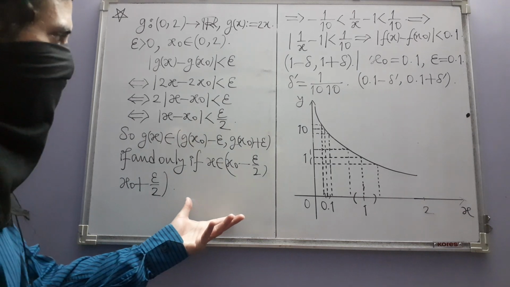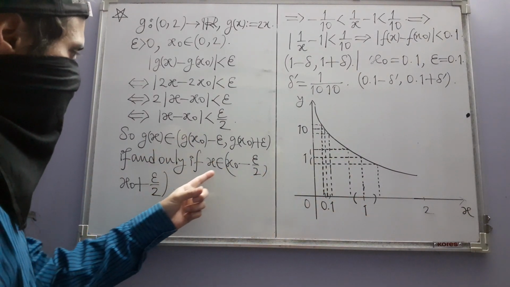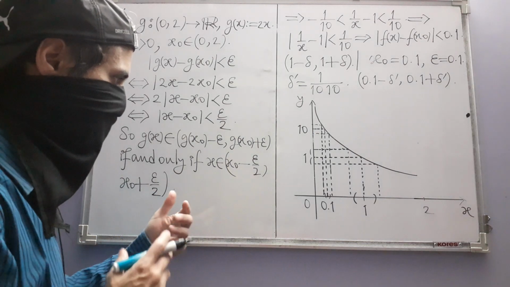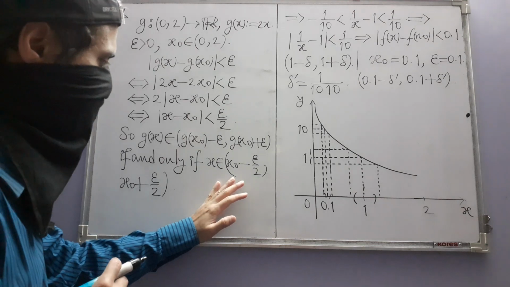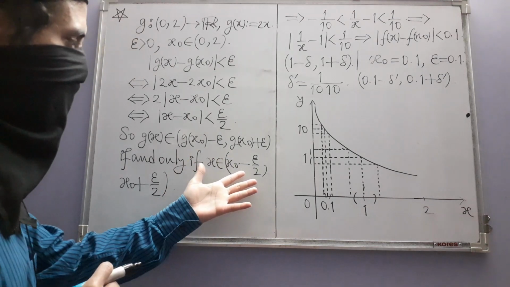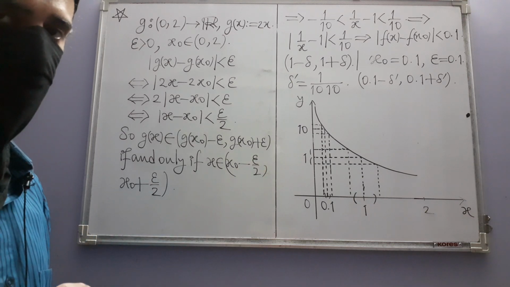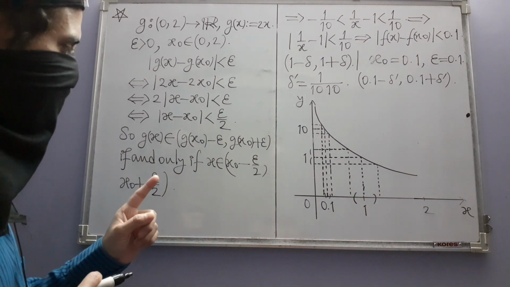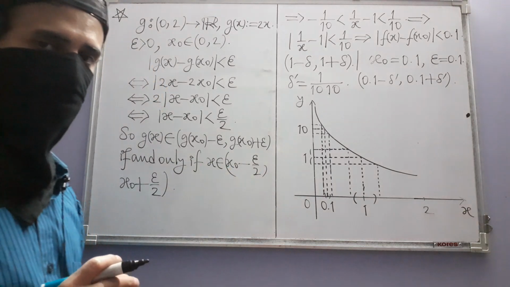So here you see that unlike that case, in this case, the choice of delta, the largest possible, I mean you can choose a smaller delta also, but the largest possible island of stability comes from this value of delta. And very importantly, this does not depend on what x naught is.